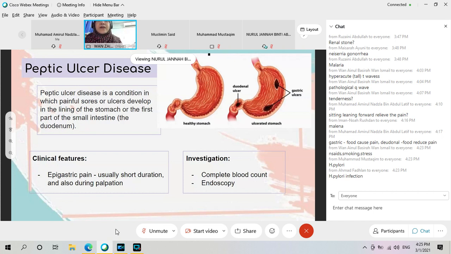What about H. pylori? Some of your friends mentioned about H. pylori. How do H. pylori cause ulcers in the stomach? Macam mana? Apa yang ada pada H. pylori yang membolehkan dia boleh duduk kat situ and then menjadi ulcer kawasan situ?